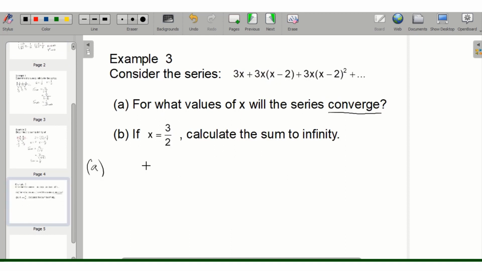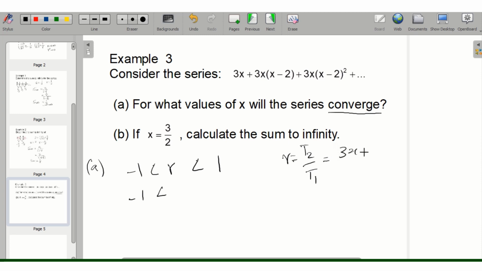When you answer such a question, you write your condition for convergence and then you substitute the value of r. Now let us find the value of r. To get the value of r, it's term 2 divided by term 1. So what is term 2?